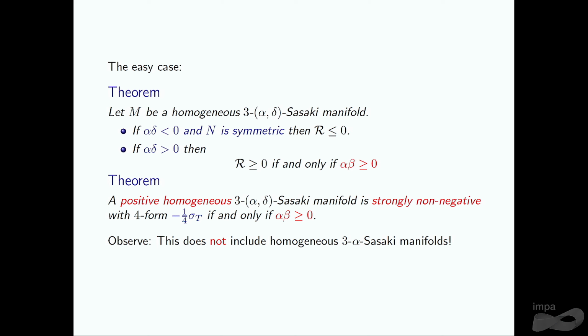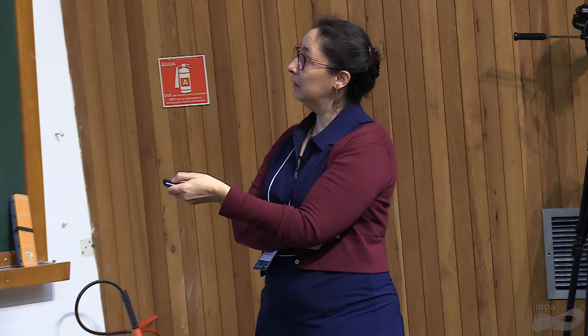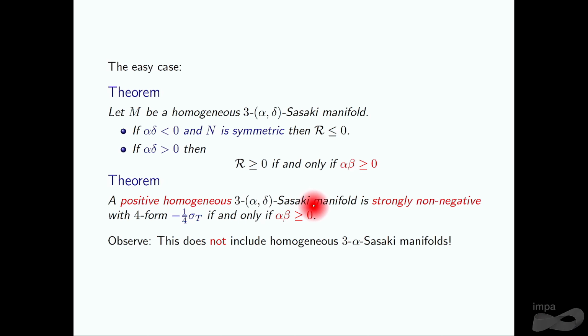So if you are happy already with strongly non-negative curvature, here you get a whole zoo of examples quickly, right? In particular, a positive homogeneous 3 alpha delta Sasaki manifold is strongly non-negative with 4 form minus 1 over 4 sigma t if and only if alpha times beta is non-negative.